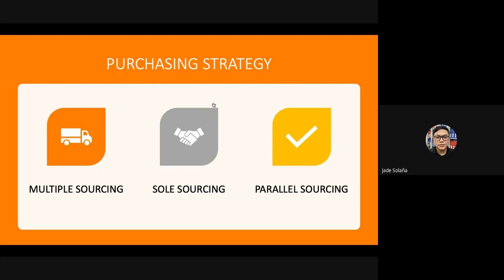The limitations of sole sourcing have led to the development of parallel sourcing. In parallel sourcing, two suppliers are the sole suppliers of two different parts, but they are also backup suppliers for each other's parts. If one vendor cannot supply all of its parts on time, the other vendor is asked to make up the difference.